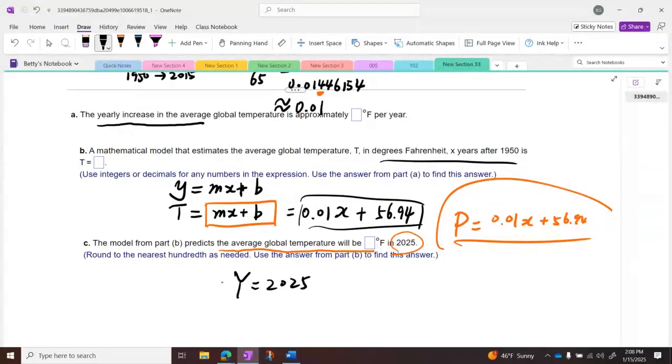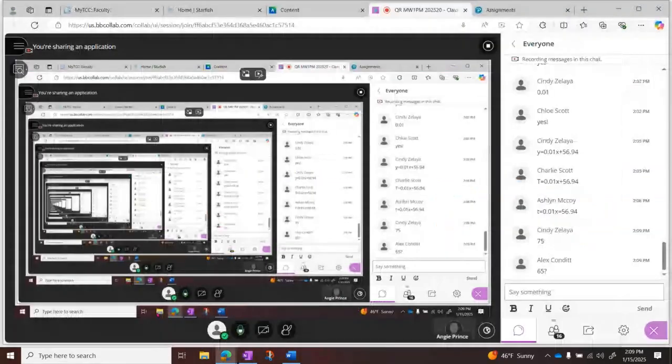How do we use the model to find the temperature in 2025? In order to know the temperature P, we need to know the value of X. What's the value of X, by the way? The value of X is 75, right?